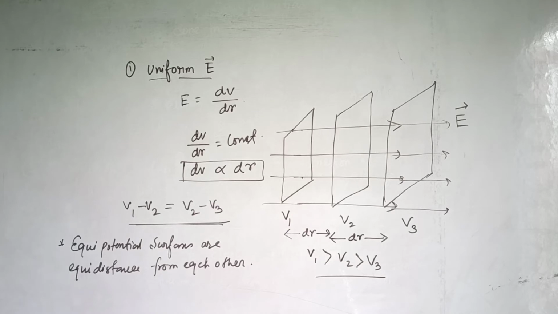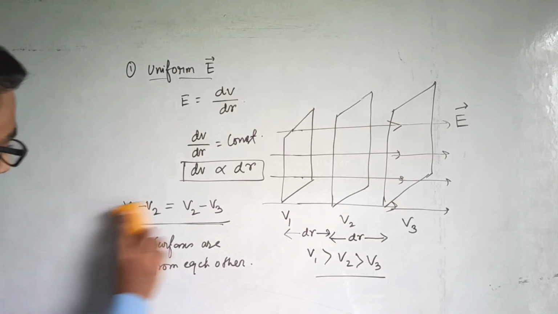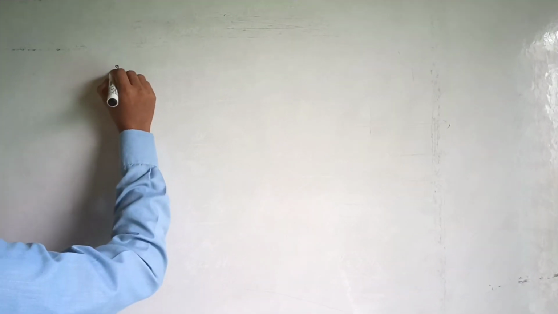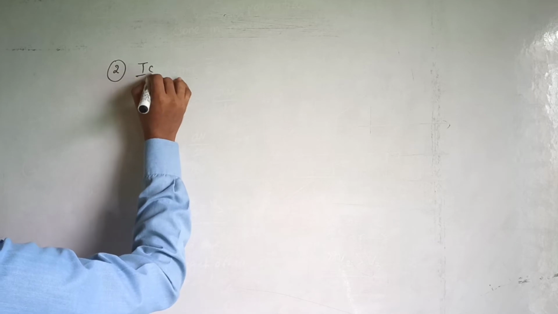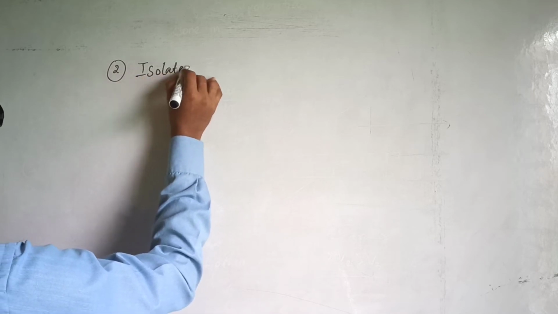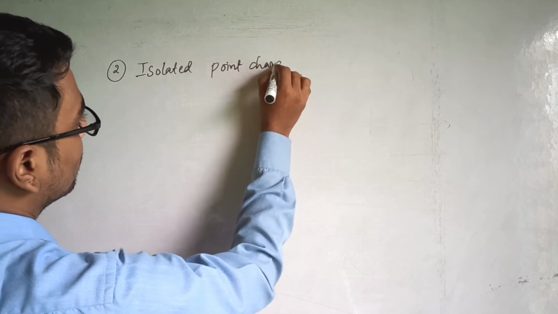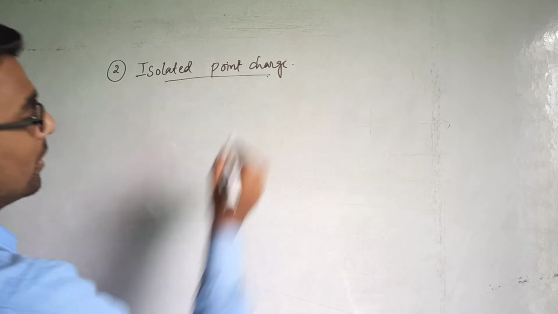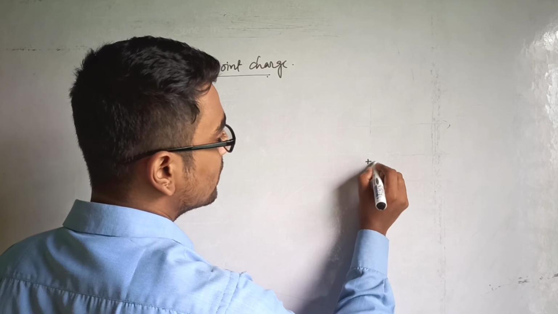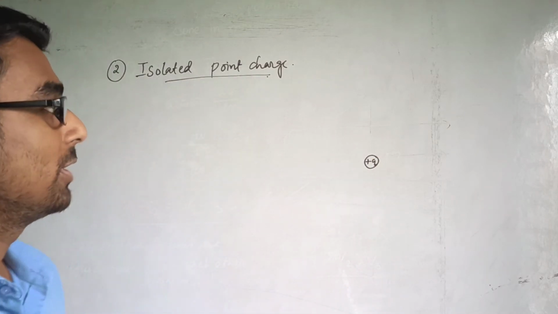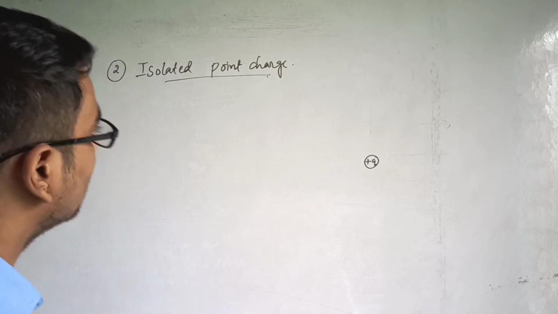Now the second condition is for an isolated point charge. If we consider here a plus Q charge, how will the equipotential surface look in that case?